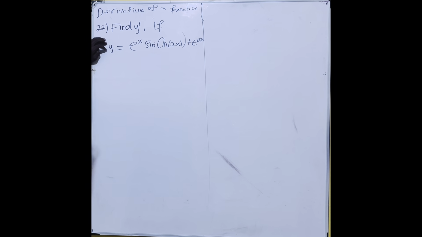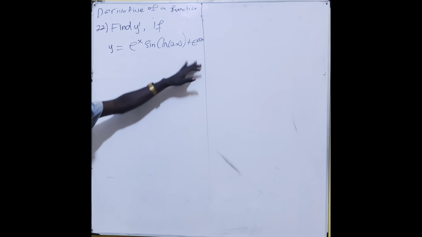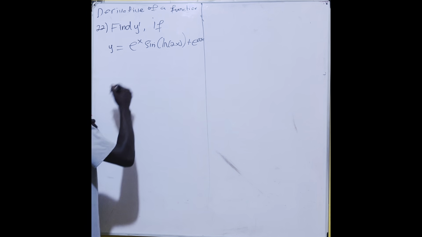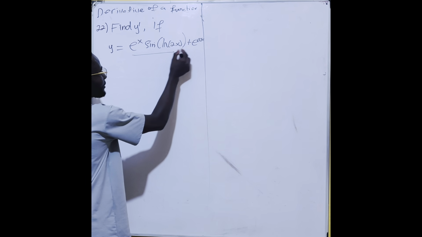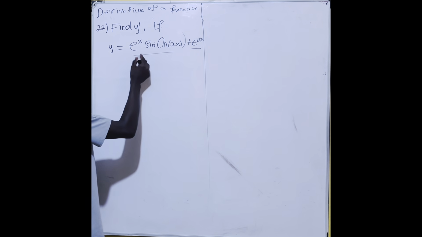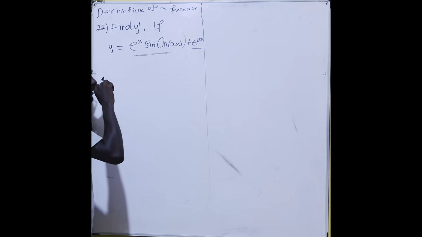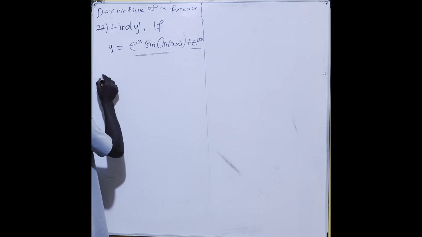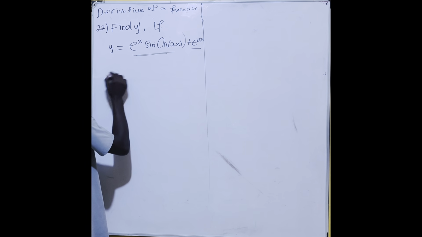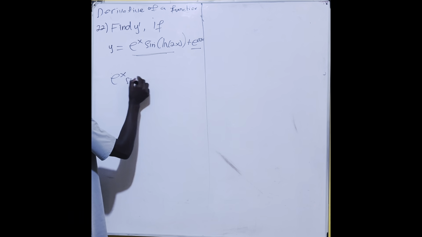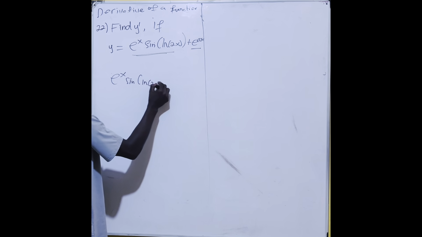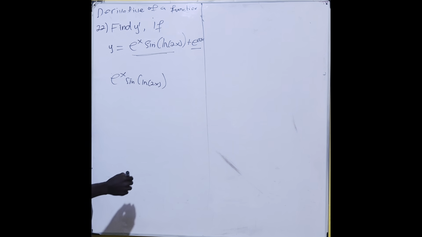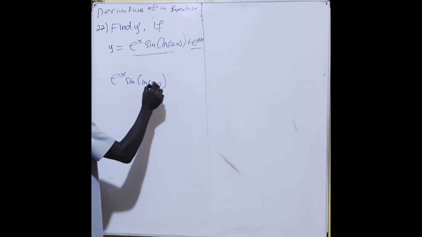Okay, so with question number 22, we want to find the first derivative of this particular function. Okay, and this function is of two terms. This is the first term and this is the second term. In this term, we have to apply the product rule, right? So let's say e to the x sine into ln 2x, right?